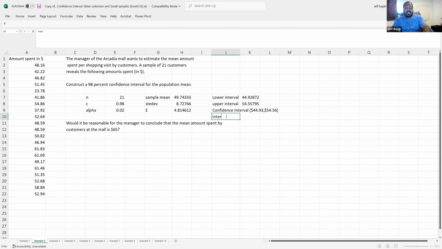Easily here, we can say that we are 98% confident that the population mean amount spent by customers at the mall, Arcadia Mall, is between, we can put the amounts there, right?